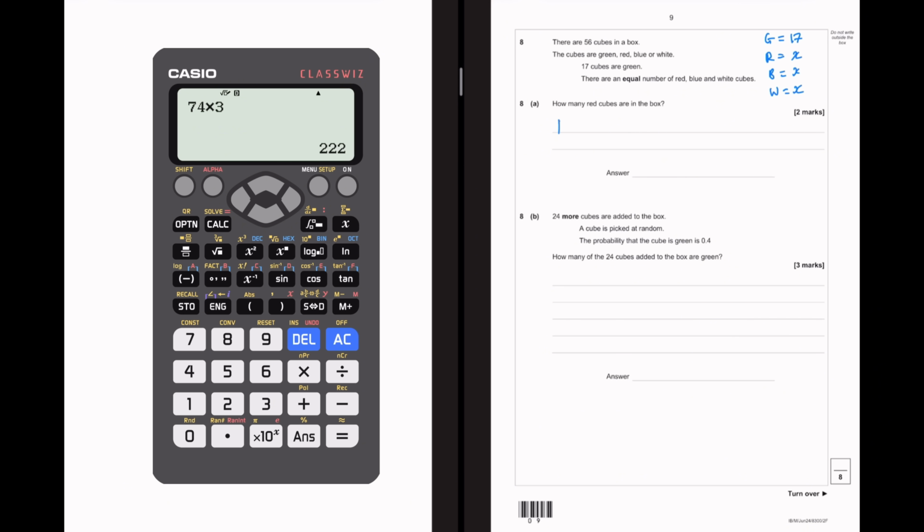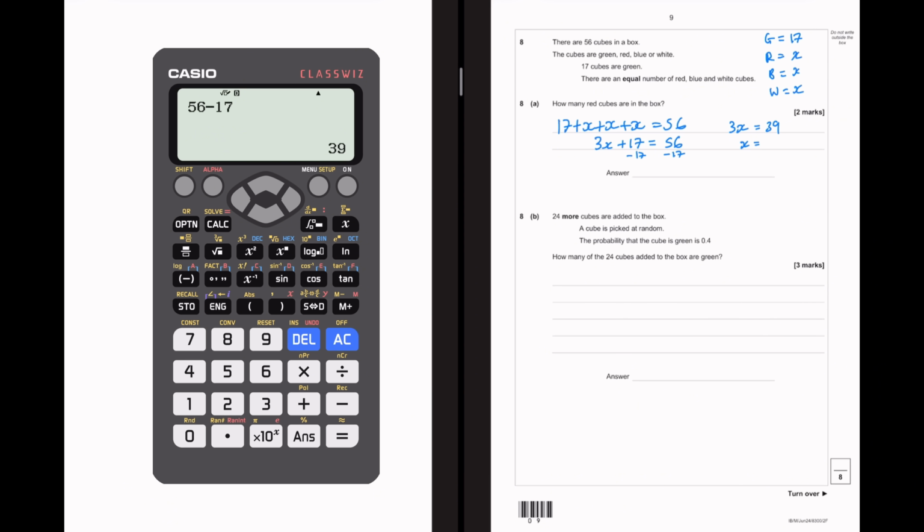So if we do 17 plus X plus X plus X, this should equal 56. So forming an equation, we can get X plus X plus X, which is equal to 3X, plus 17 is equal to 56, and then solve for X. We can subtract 17 from both sides of the equation to get 3X is equal to 56 subtract 17, which is equal to 39.